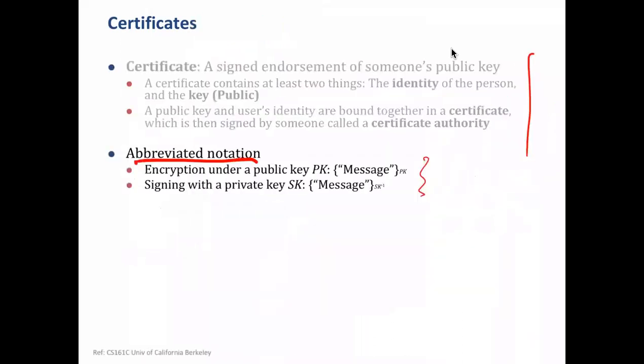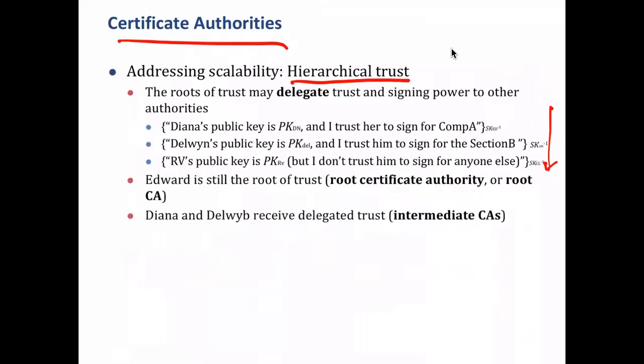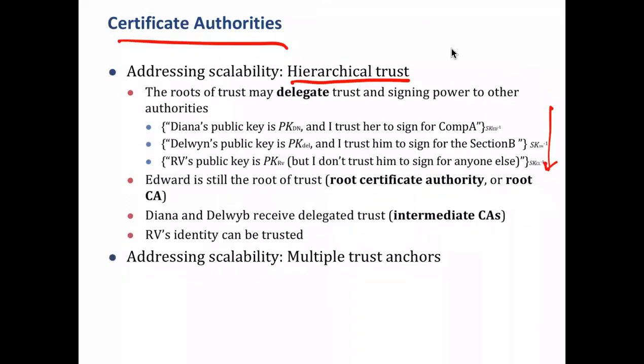So we are creating this kind of hierarchy. And finally, somebody is at the root of the trust. So Edward is the root of the trust, which is nothing but the certification authority, the root certification authority. All right.